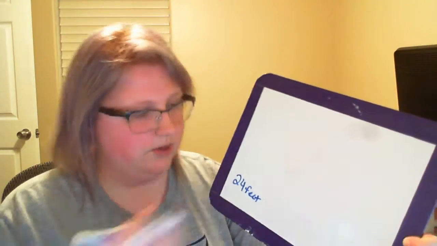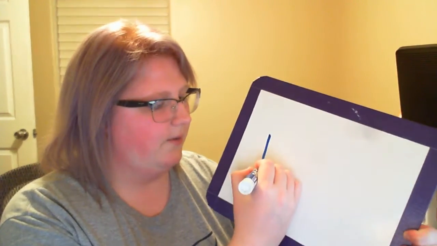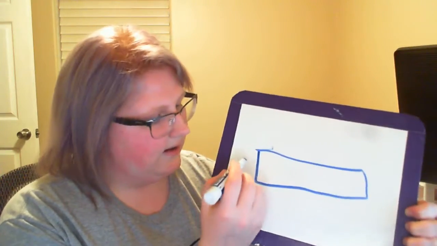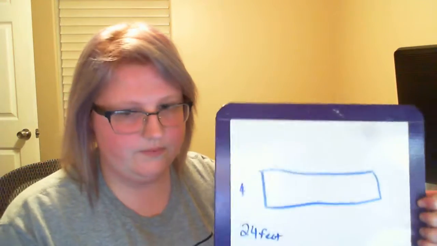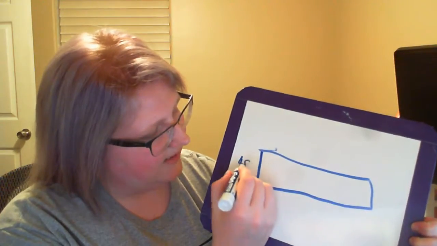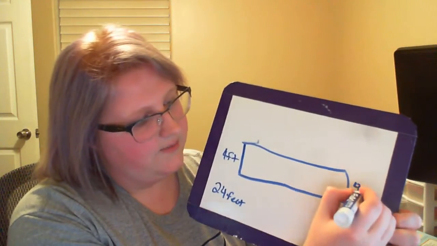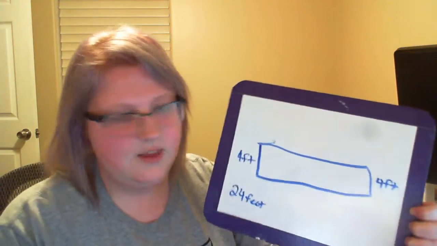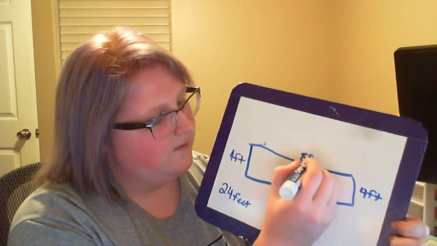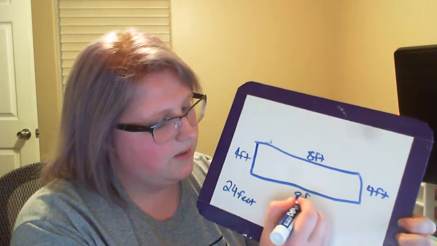Instead of 3 feet on this side, they're going to do 4 feet, which means this side is 4 feet. And they're going to do 8 feet on the top and the bottom.